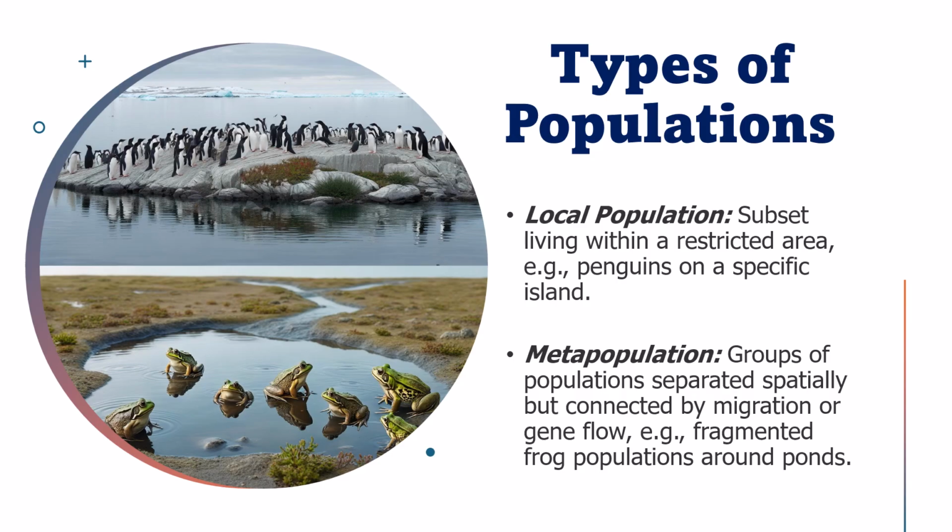Populations can be classified as local populations or metapopulations. A local population refers to individuals living in a restricted area, such as penguins on a specific island, making it easier to monitor and manage. Metapopulations, on the other hand, are groups of spatially separated populations connected through migration or gene flow, like fragmented frog populations around ponds.